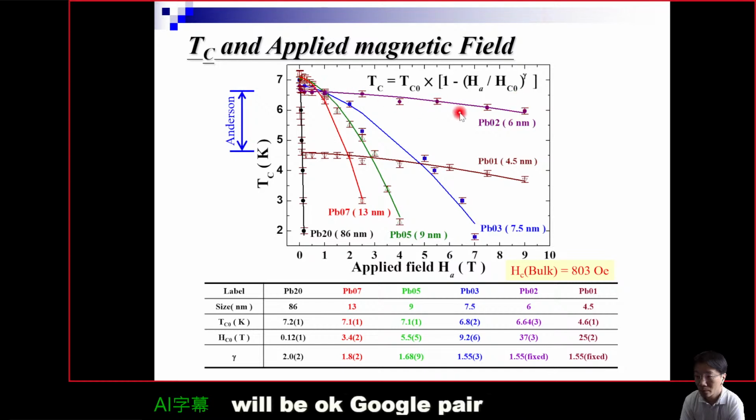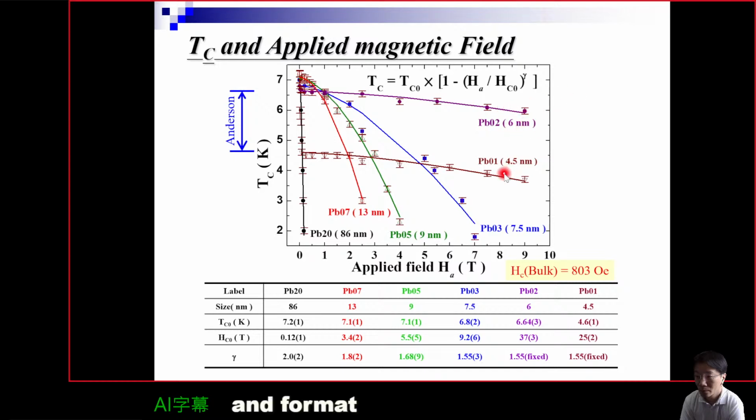But in this case, we found the nanoparticle not only resists the magnetic field, but also holds the Cooper pairs and forms superconductivity. So that would be very surprising for us.